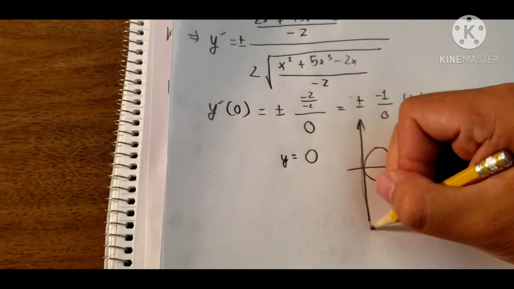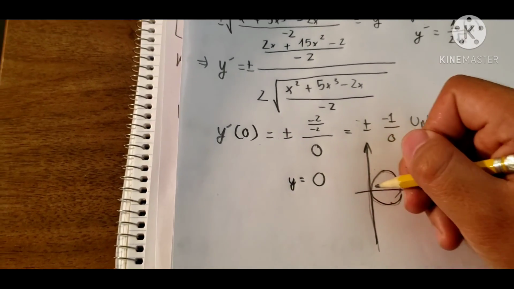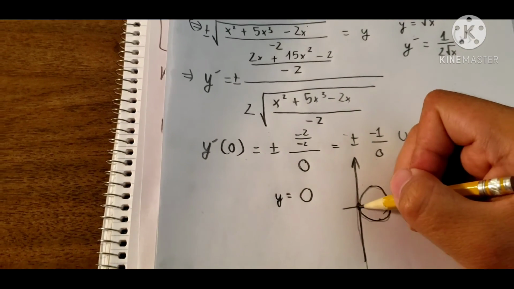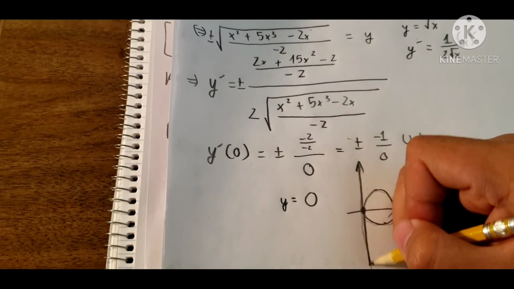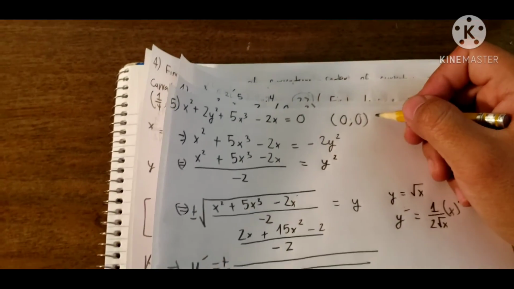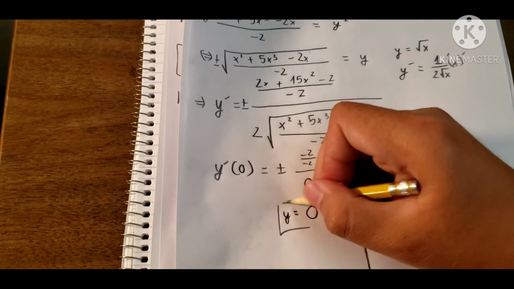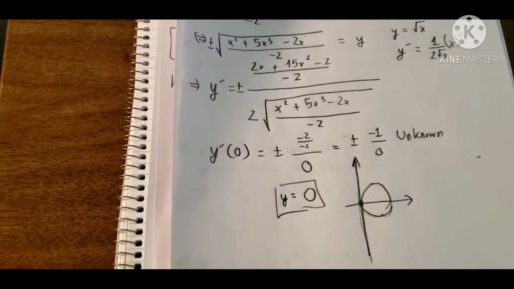This is the tangent line of this equation, because if it is unknown in here, it means as x equal to 0, there should be the tangent line with y equal to 0 in this board too. So y equal to 0 is the tangent line of this equation.